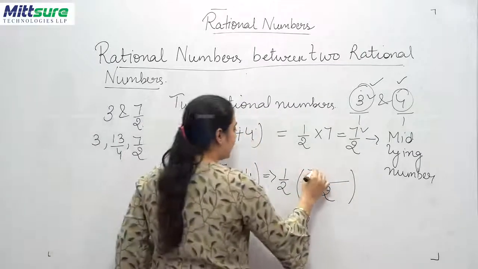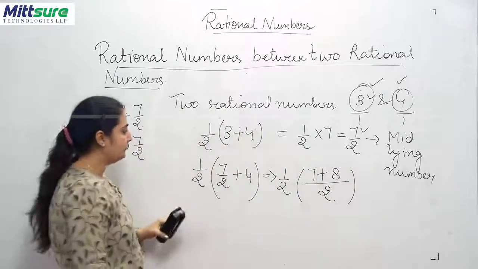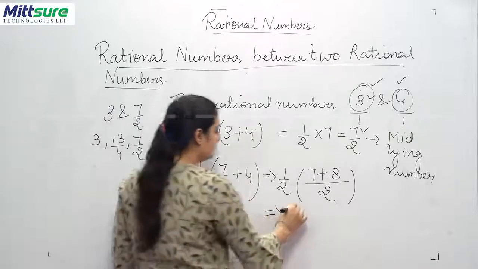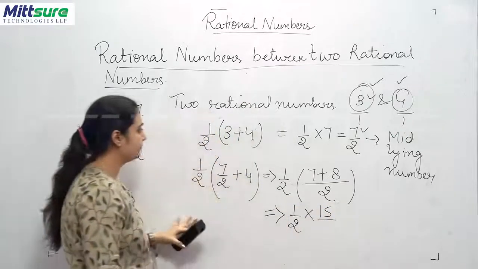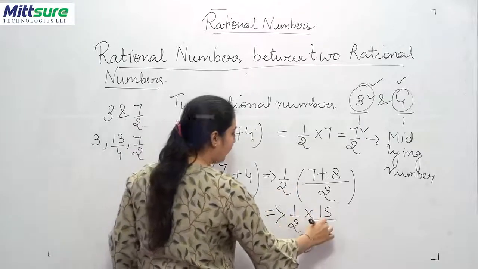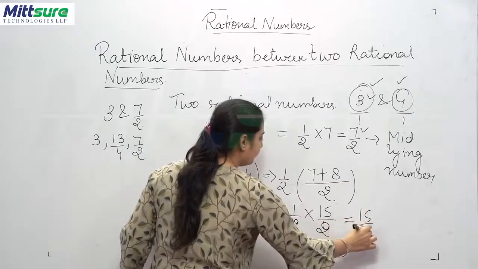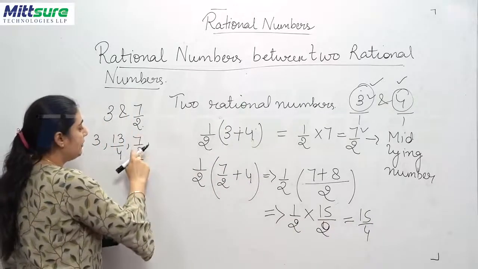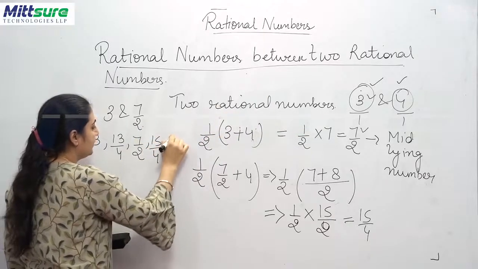Now 7 will be as it is and it will be 8. Again what I will get is 1 upon 2 multiplied by 15 upon 2. Clear? So what will I get? 15 upon 4. Now the number between 7 upon 2 and 4 is 15 upon 4.